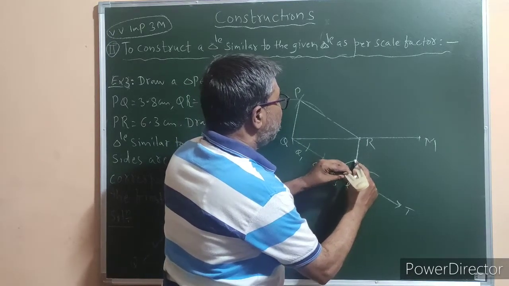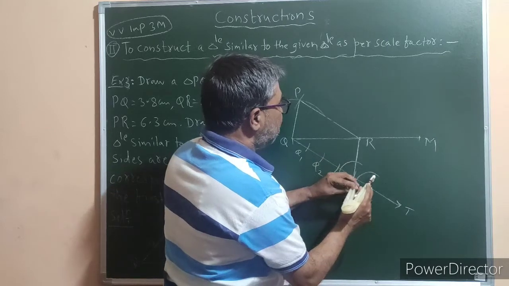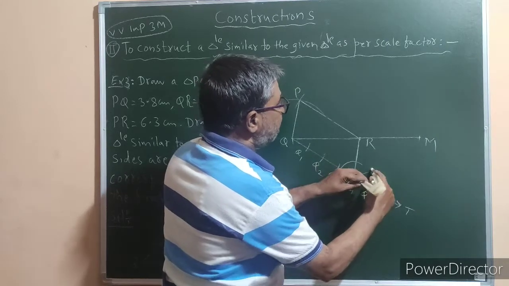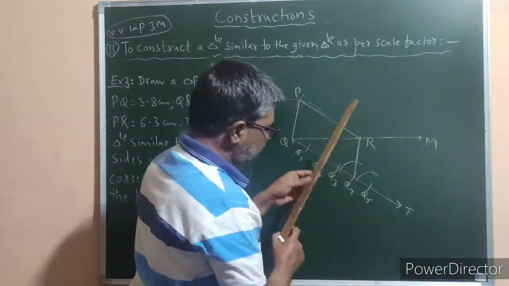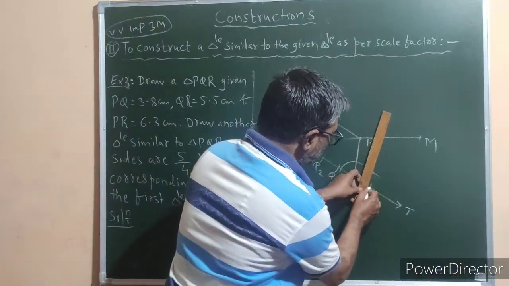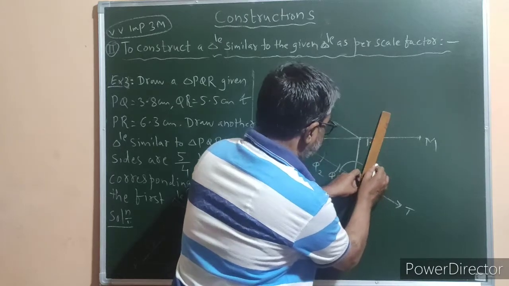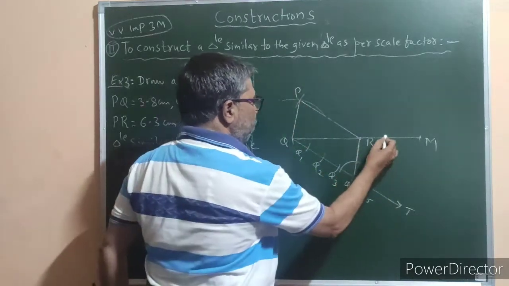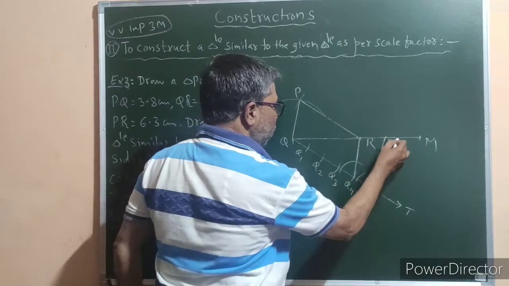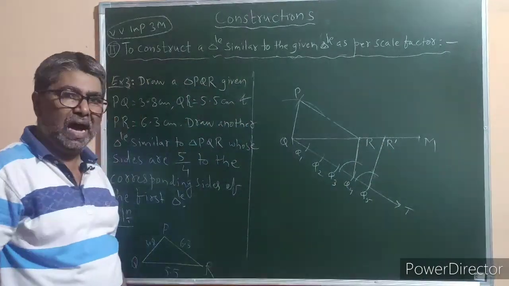So with the same distance, you cut this arc by assuming this point as center to get a point. Draw a line joining Q5 and that point, extend it up to QM to meet at one point, and you know we have to name that point as R dash.